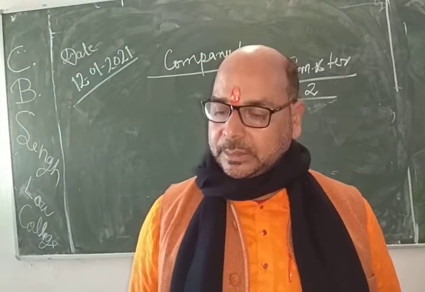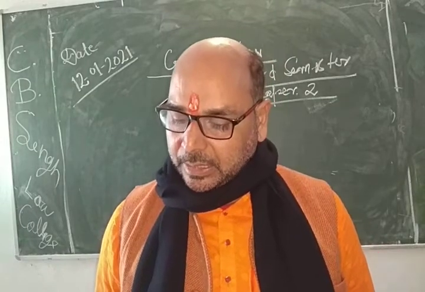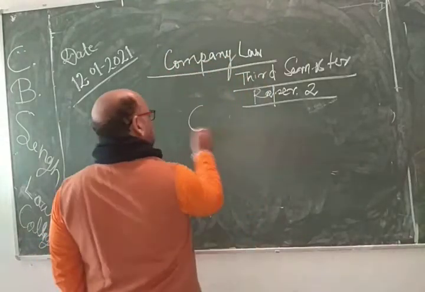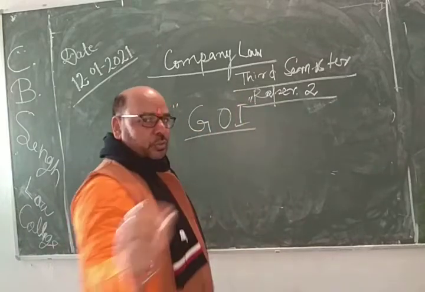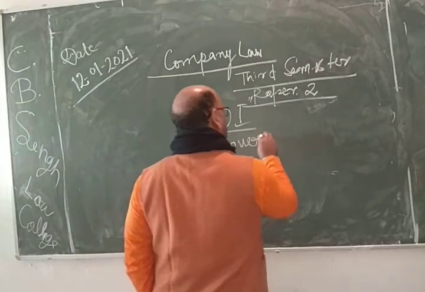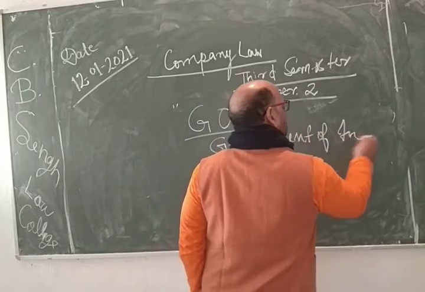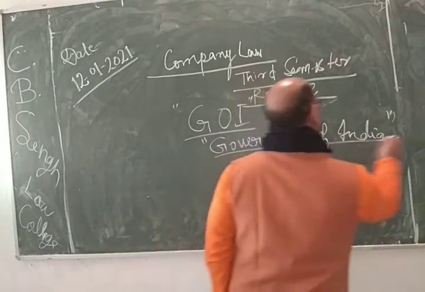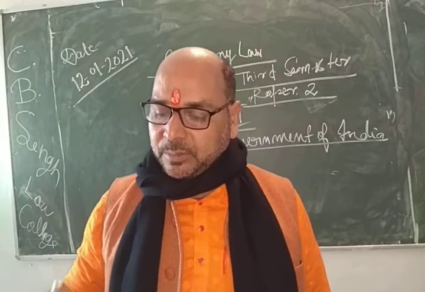Many facets of the Act have been explained in the rules which the Government of India, GOI, has prescribed. Do you understand the meaning of GOI? GOI means Government of India.